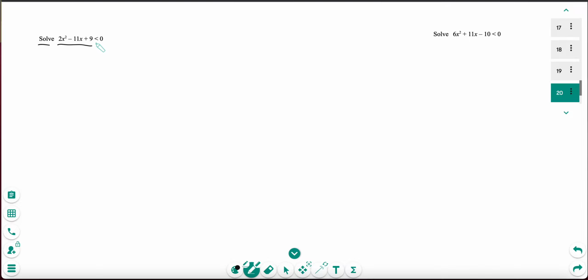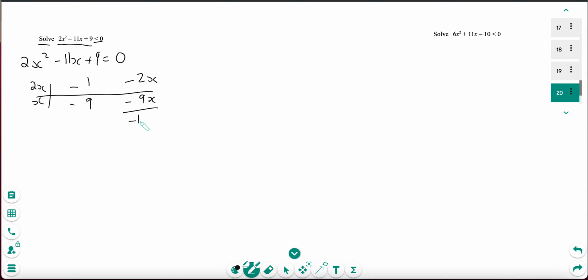Solve a quadratic inequality. So let's solve the quadratic first. We have to factorize using the column method because it's a quadratic. Minus 1 times minus 9 is 9. Minus x, minus 9x.